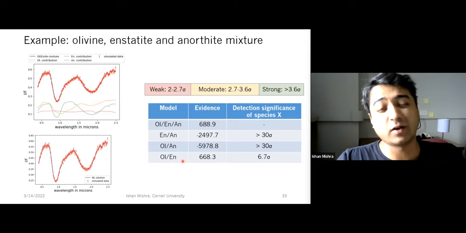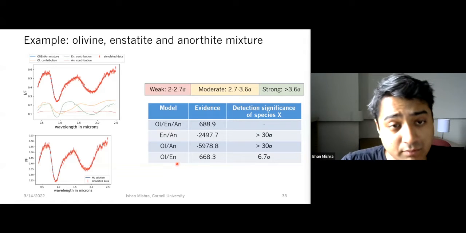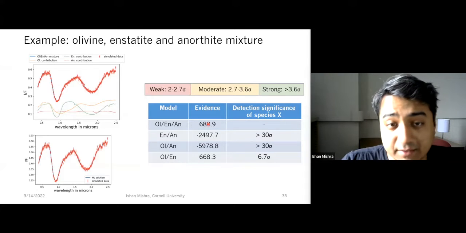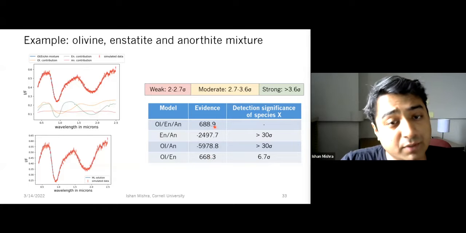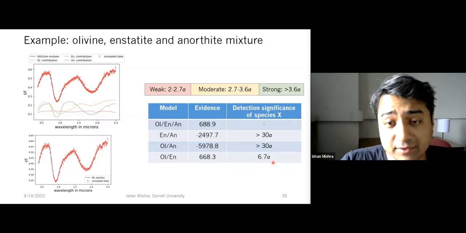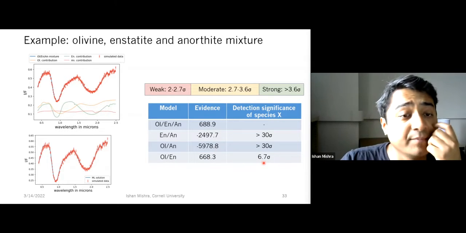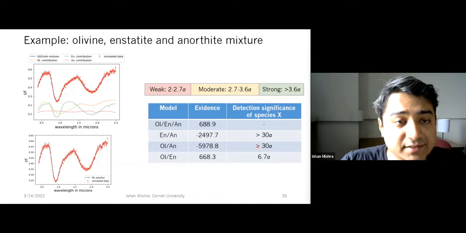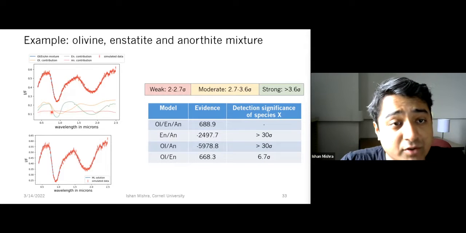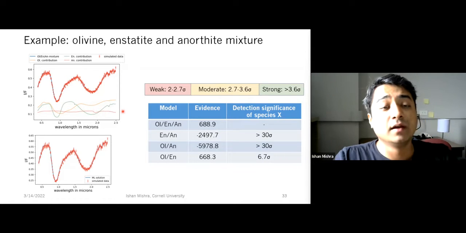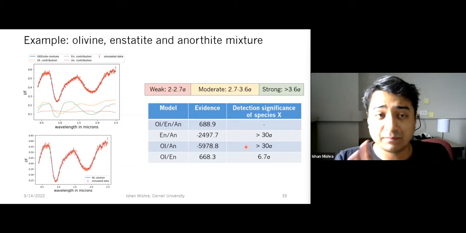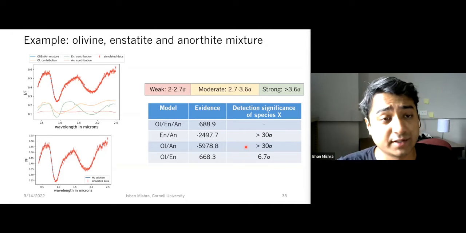Next, we try a model with olivine and enstatite, so taking out anorthite, and see that the evidence comes down, but not that much. But it still translates to a strong detection, but not as strong as the other two cases, because as I already said, anorthite is spectrally quite neutral. But this framework still manages to give a strong detection for it.